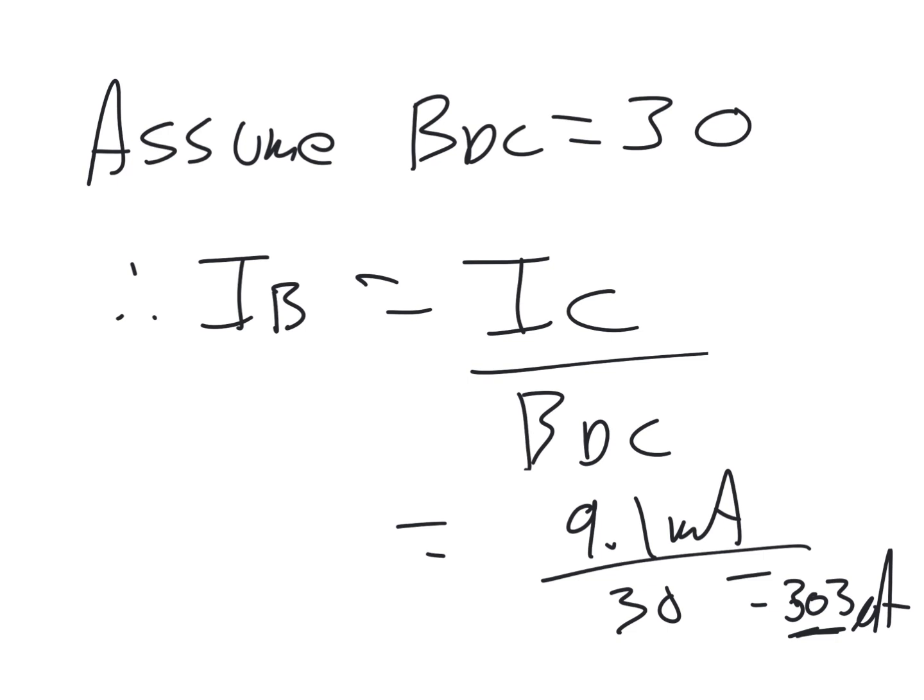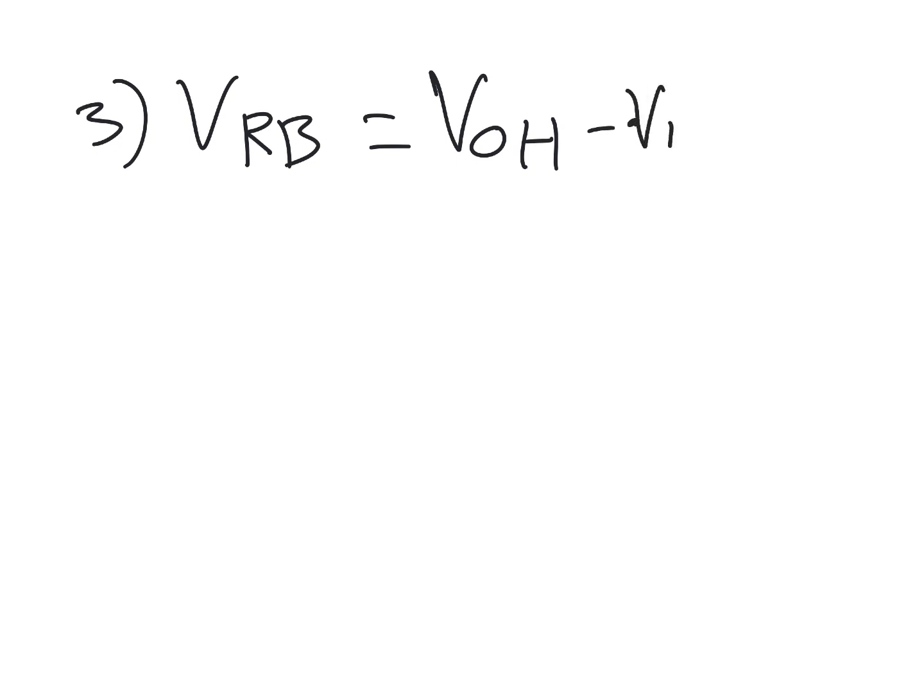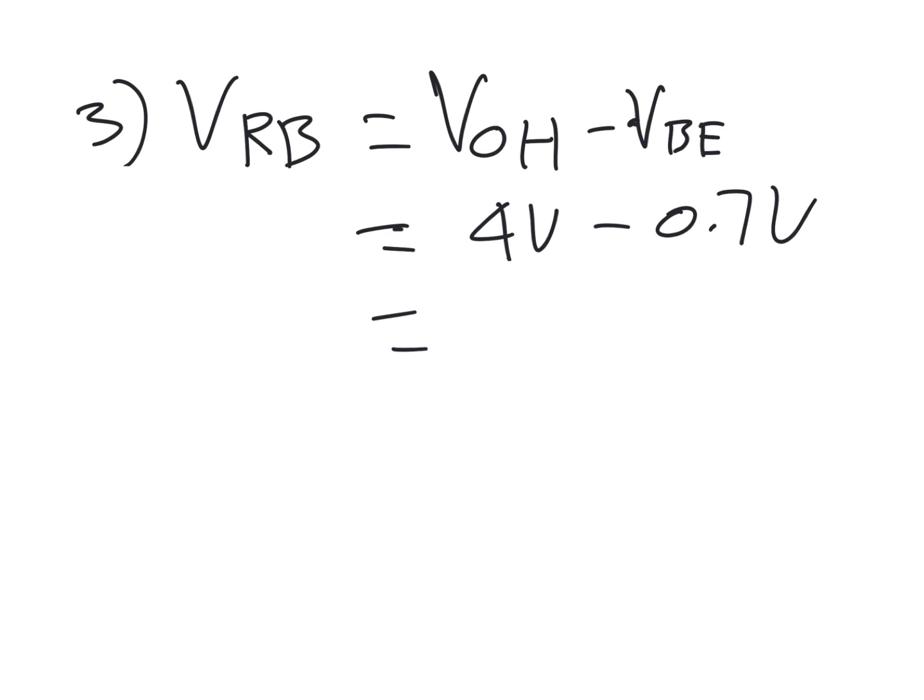Okay, step 3, base resistor voltage VRB equals the output high voltage from the logic gate minus VBE. Okay, so that equals 4 minus 0.7, equals 3.3. Again, I'm assuming you're looking at the drawing at the same time.